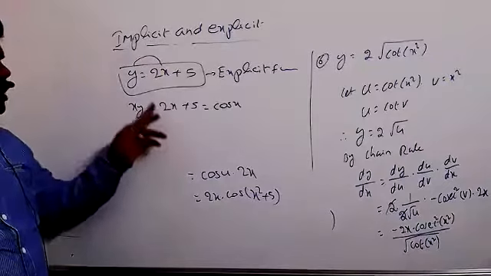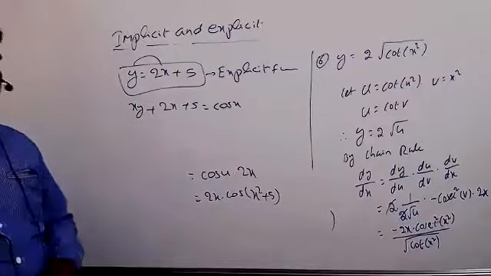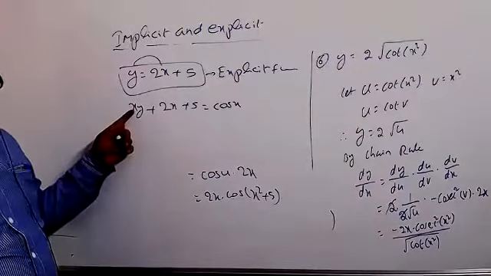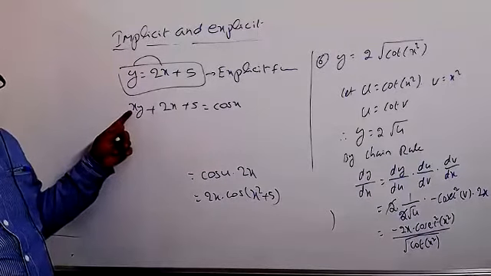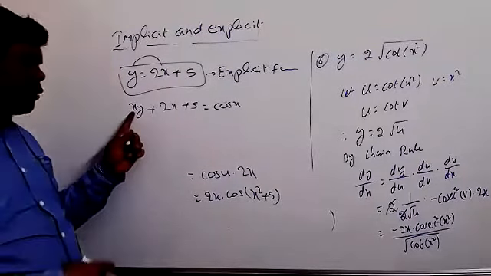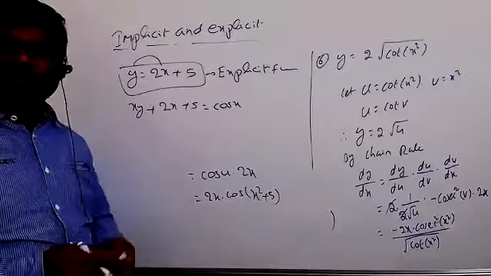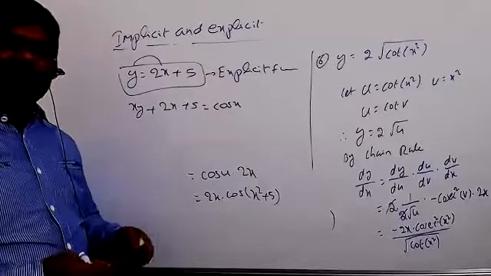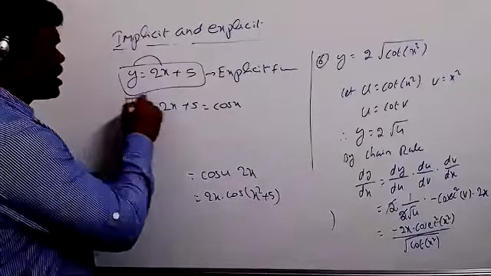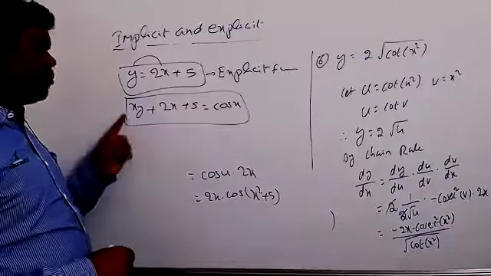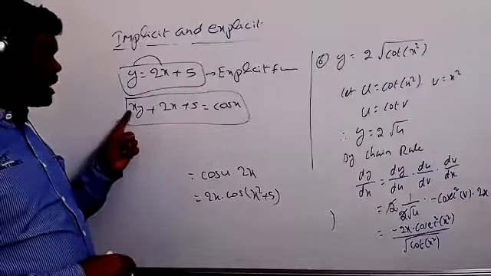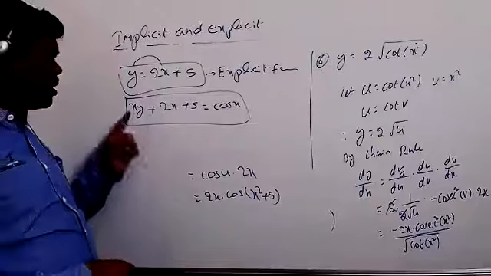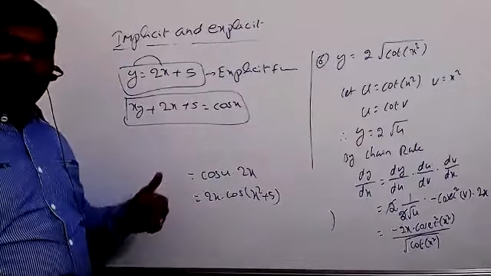And in one function only, here one variable is not depending on other variable, then we call it the implicit function. Suppose you come to this function now, in one term, both x and y are there. That means here no variable is depending on other variable.